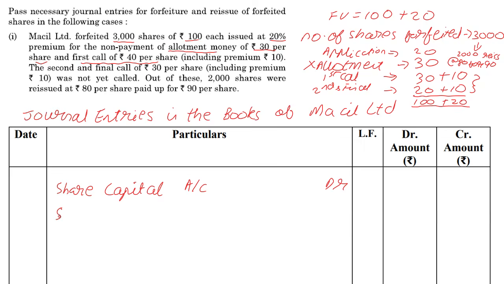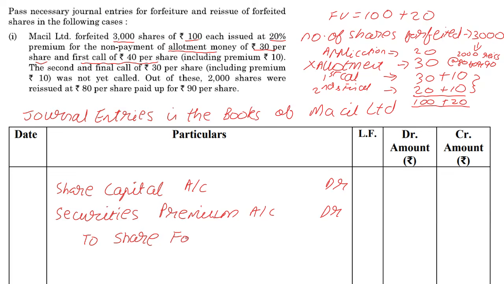So securities premium account debit, to share forfeiture for the money that we are not refunding back on cancellation, and calls in arrears for the amount that was previously debited to the call accounts.